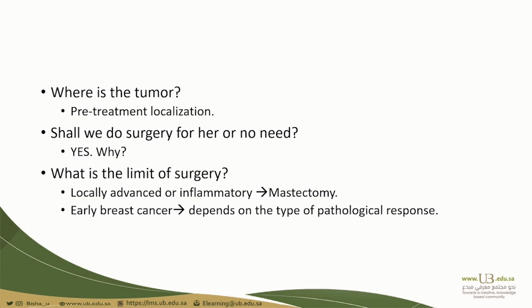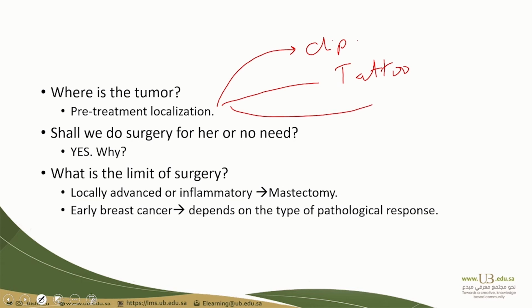Where is the tumor? So, to not miss the tumor, you have several types of localization technique. You will do it before starting neoadjuvant therapy. You can put a clip in the center of the tumor, or a tattoo on the skin, or you can localize it by radiology.